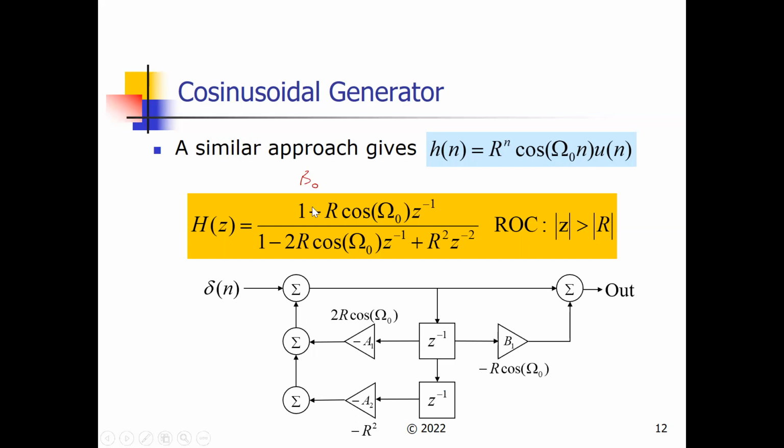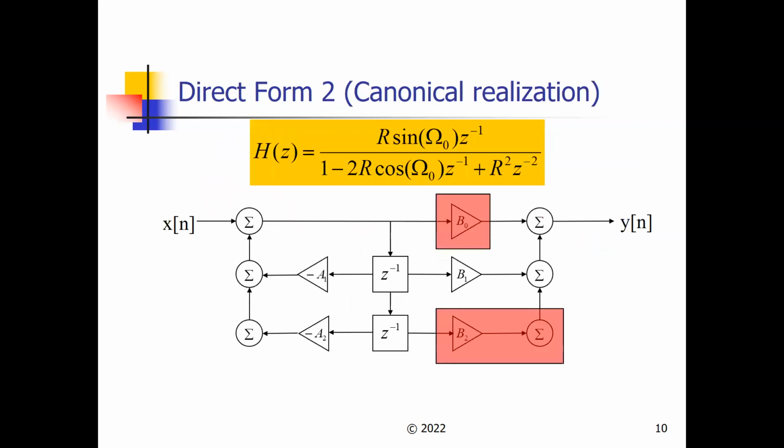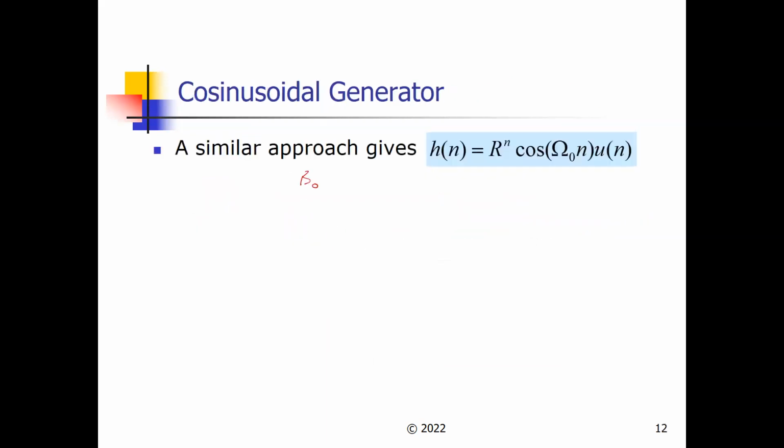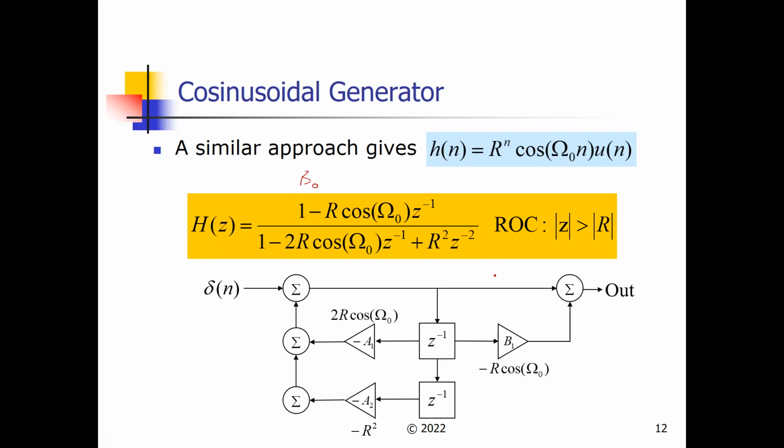So look at the difference here. For the sinusoid, we didn't have this one here. Remember, this is B0 here, and as we said, that doesn't exist. But with the cosine, there's a B0 here, which is 1.